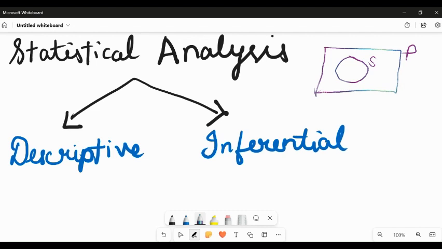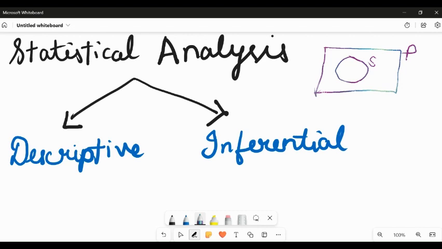So what is descriptive? Descriptive is not related to claiming from sample to population. It's just sample data, and based on that we are giving a description. We can't get the complete study of the population from the sample, but we can get some idea, like who might get affected. Sample data is a subset of the population, right?